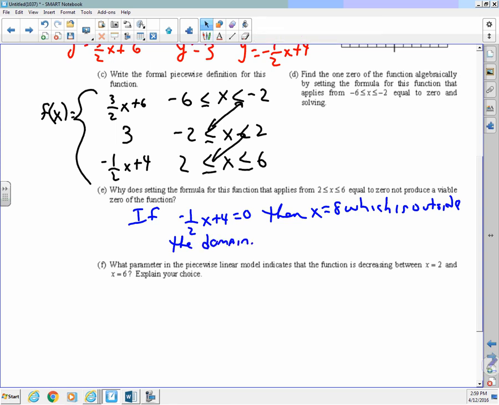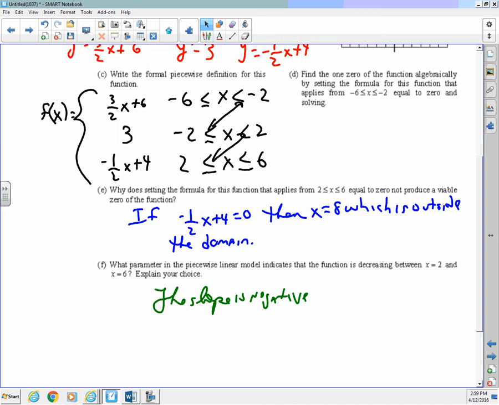What parameter in the piecewise linear model indicates that the function is decreasing? It's because the slope is negative. That tells you that you have a decreasing function.